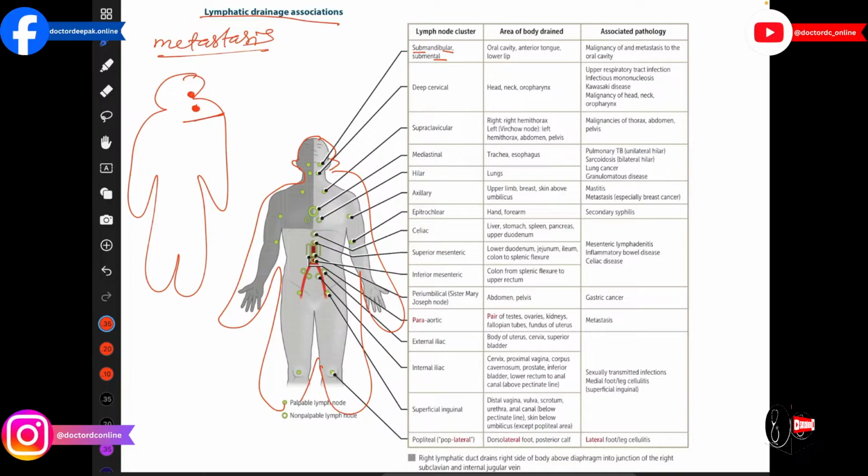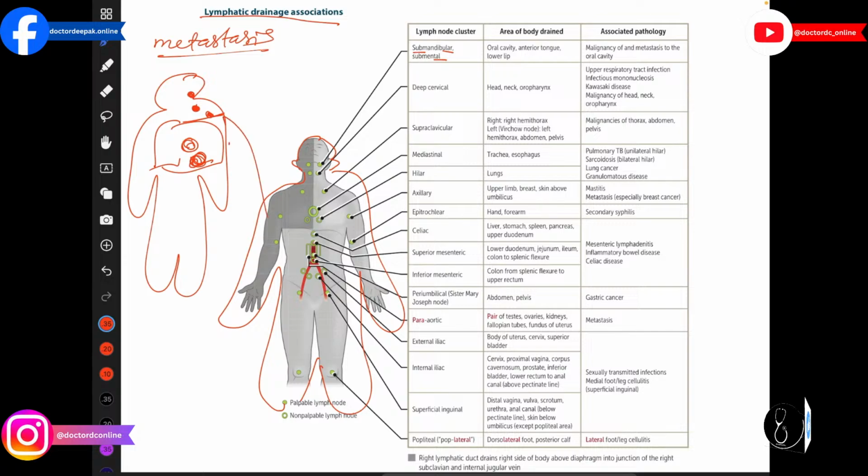This is the clavicle, and above the clavicle, the lymph node will be supraclavicular. This is the mediastinum, and any lymph node in the mediastinum will be a mediastinal lymph node. There is the hilum of the lungs, and that lymph node will be the hilar lymph nodes.